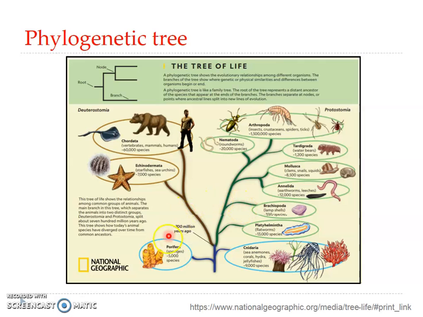So, whichever groups of organisms have been placed in the lower parts of the phylogenetic tree are considered to be primitive groups, while those at the tip of the branches, or at the higher level, are considered to be the complex groups. Here we can see these are the chordates, and the chordates are obviously complex as compared with the groups placed at the lower branches.